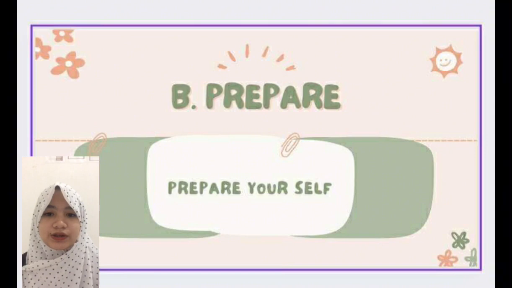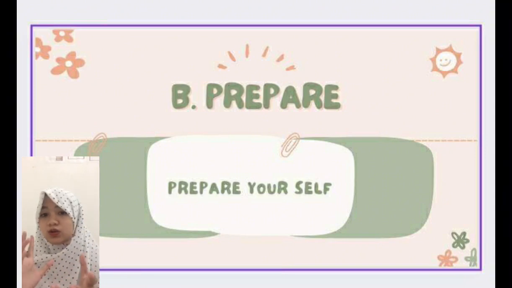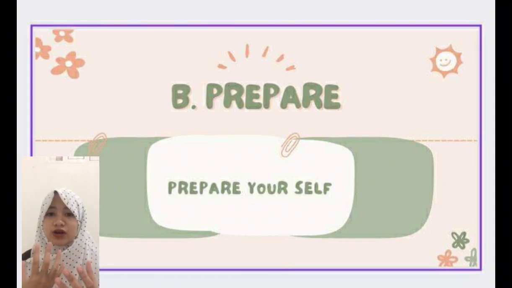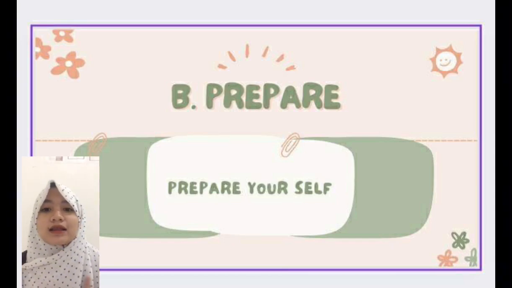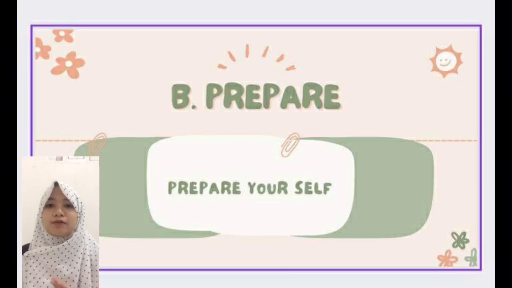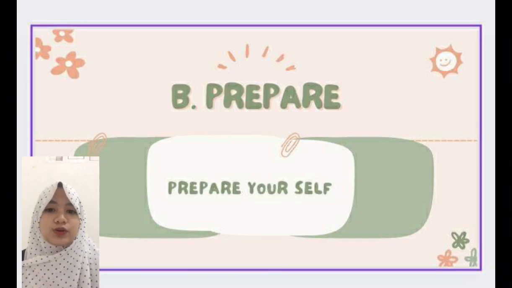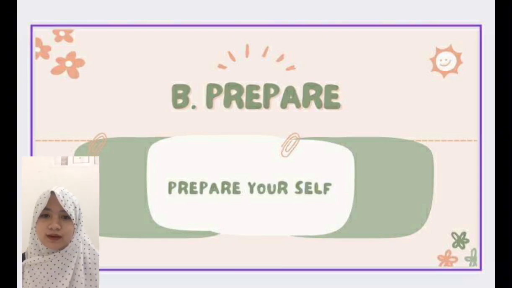Go to the venue early, and you need to practice your hand gestures. And the last one is take a breath before you start the presentation.